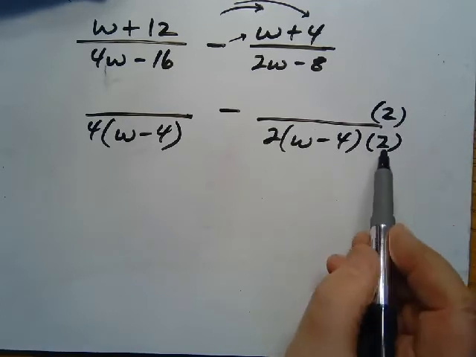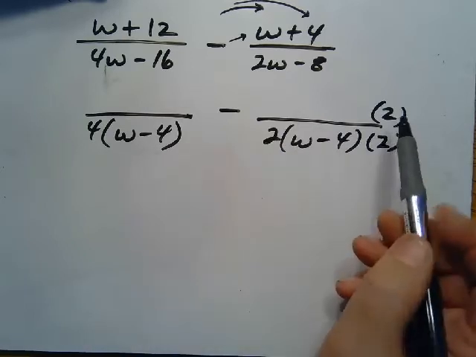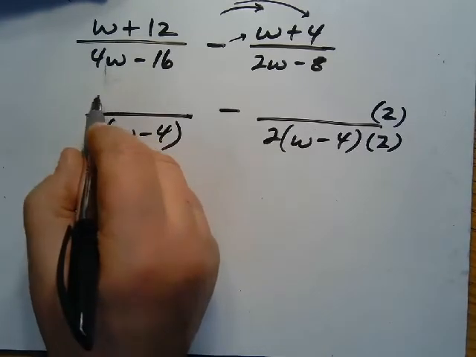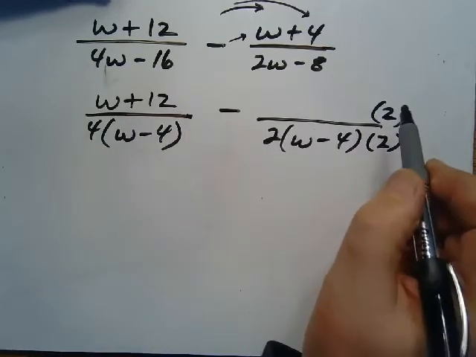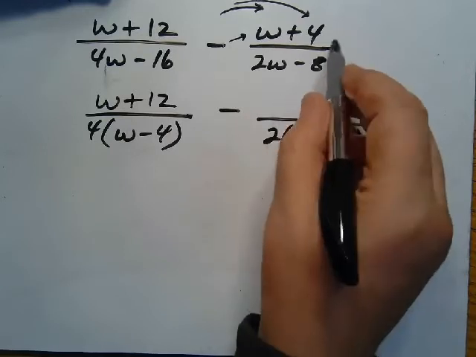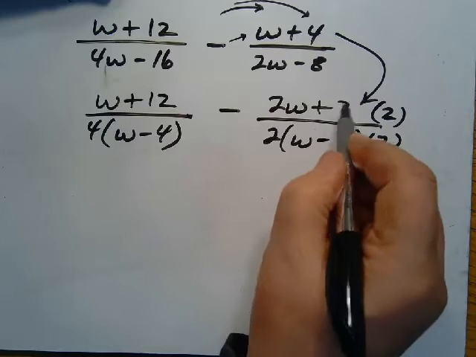So now the denominator is 4 times w minus 4. Same thing. Again, you notice I multiplied the top and the bottom by the same number. So it turns out that this one doesn't change on the left over here at all. And this one on the right, we're going to multiply w plus 4 times 2. W plus 4 times 2 is 2w plus 8.